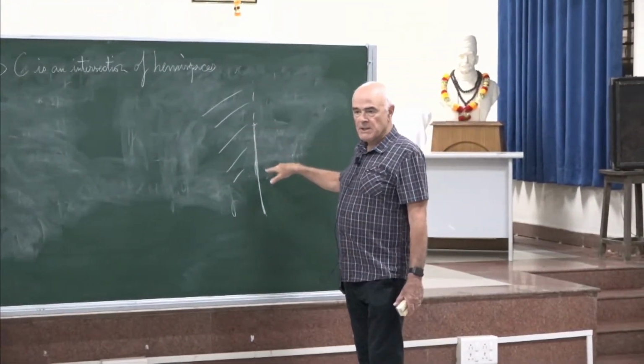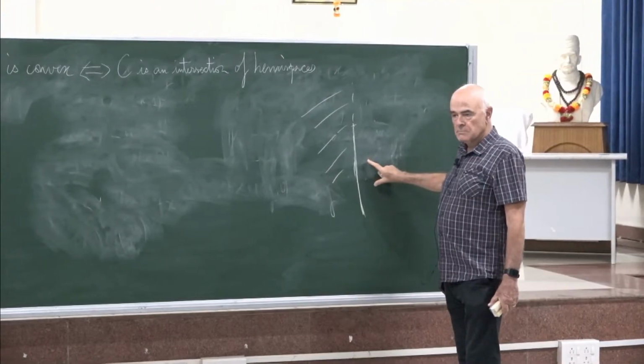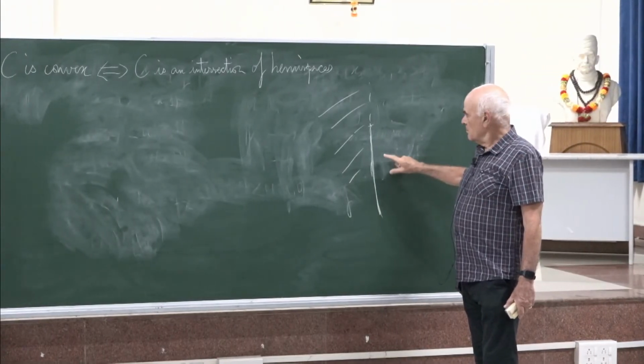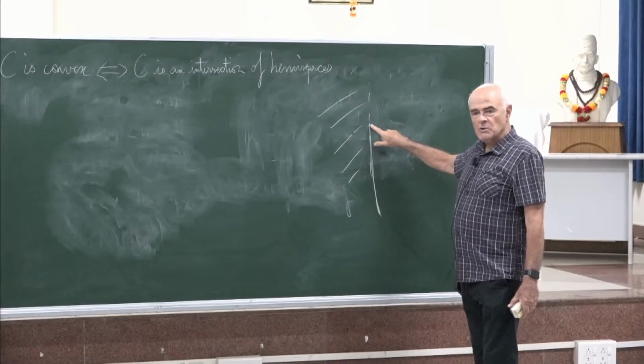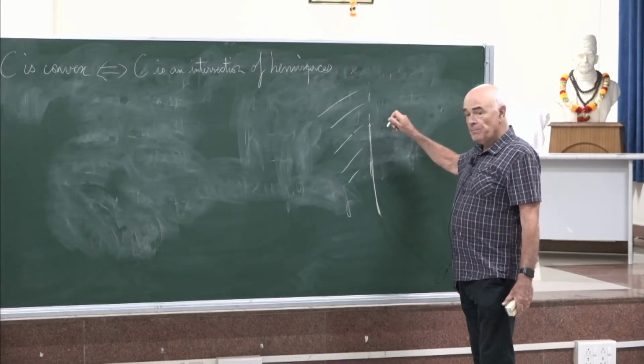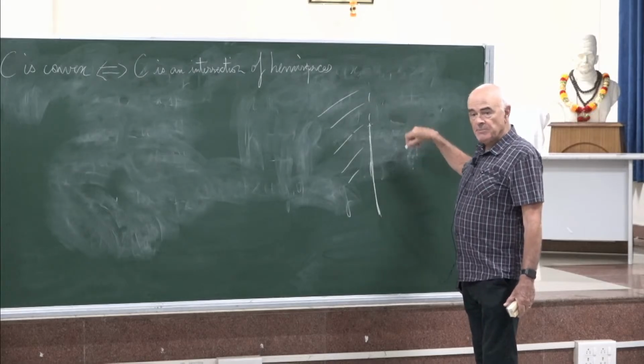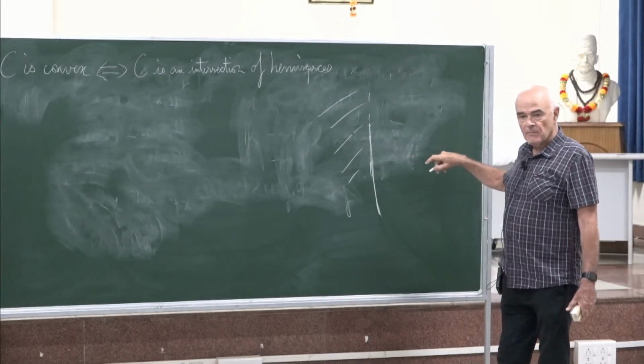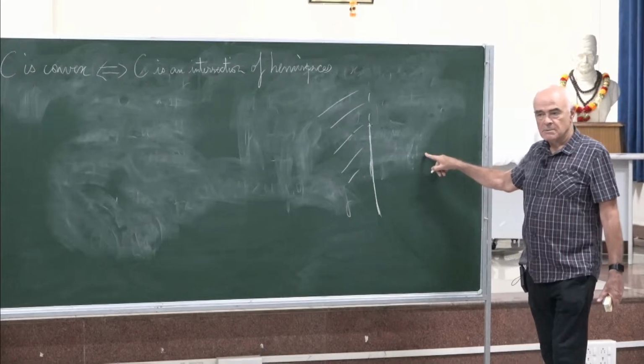This union is a convex set, no matter if this point belongs or doesn't belong. And its complement is another set of the same type, so it's also convex.